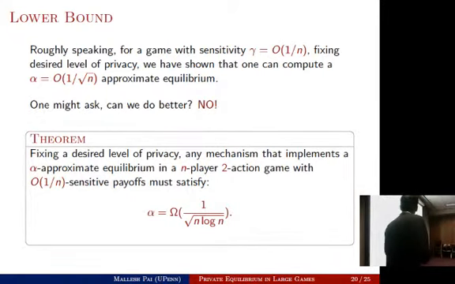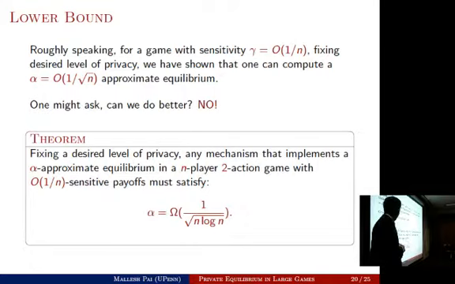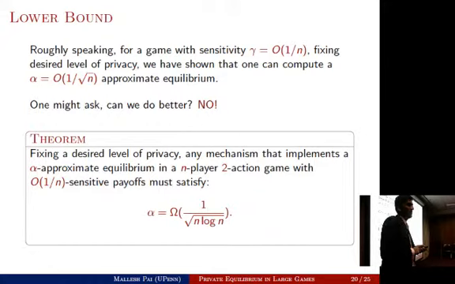Fixing a desired level of privacy, any mechanism that implements an alpha approximate correlated equilibrium in an n-player 2-action game with order 1 over n sensitive payoffs must satisfy alpha is at least 1 over square root n log n. So we're basically off by at most a log n factor. That isn't very much.